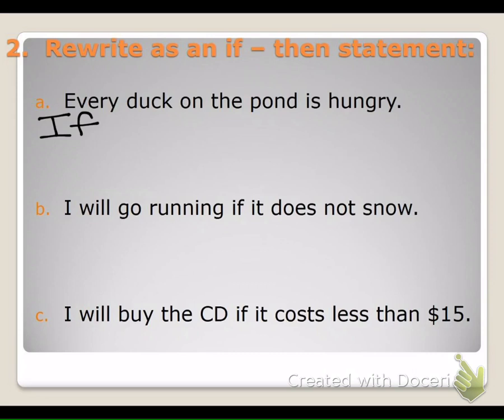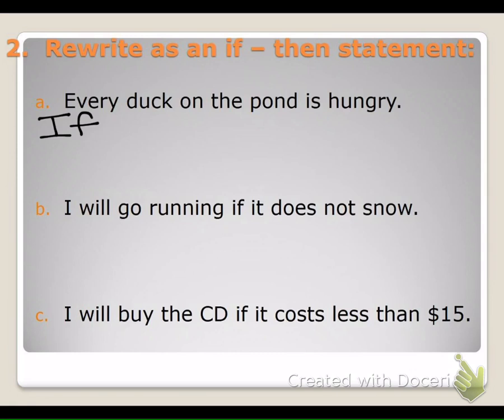So what happens first? A duck gets hungry or he goes to the pond? If he goes to the pond, he gets hungry. If the duck is hungry, he goes to the pond. I feel like it's if the duck is hungry, then he goes to the pond. But I feel like you could make an argument either way on that. Duck on the pond is hungry. So if a duck is on the pond, then he's hungry.